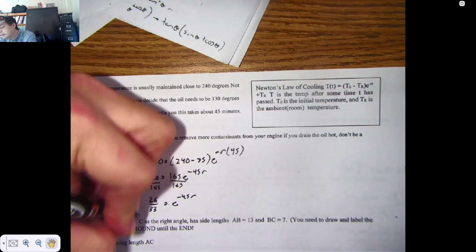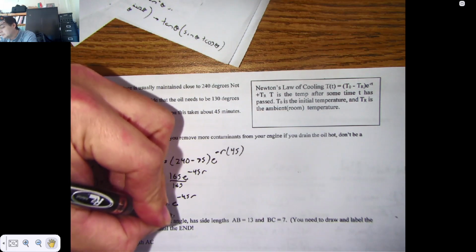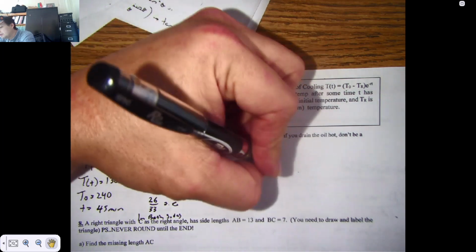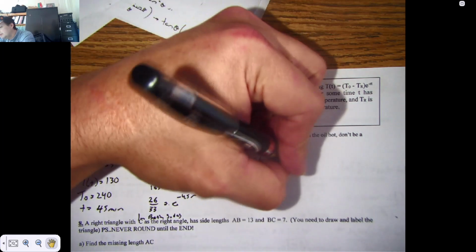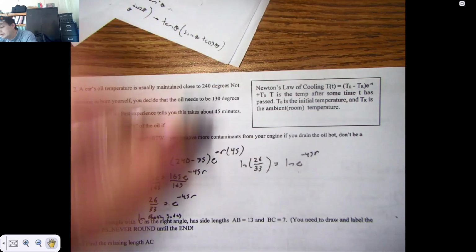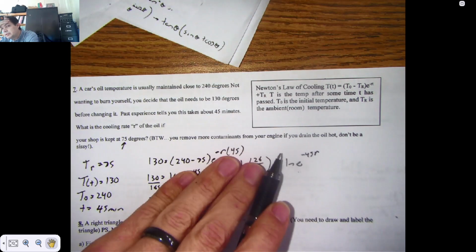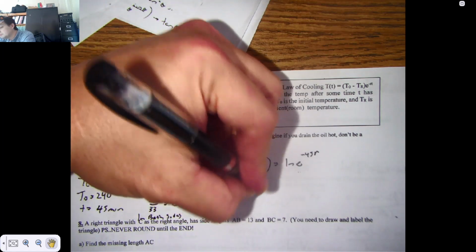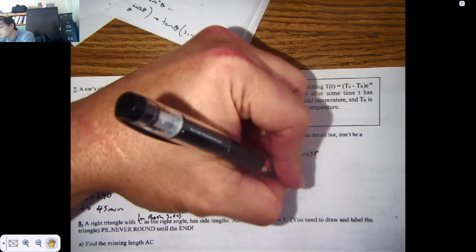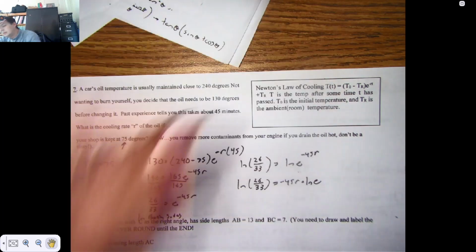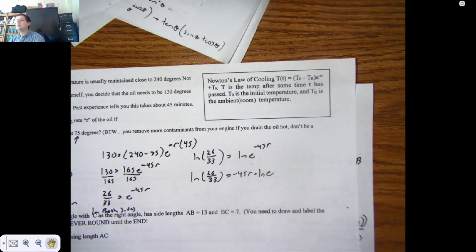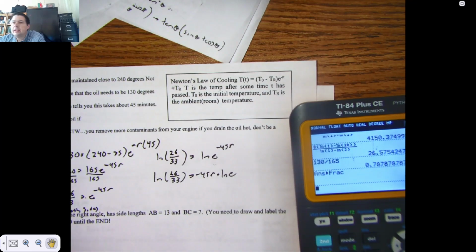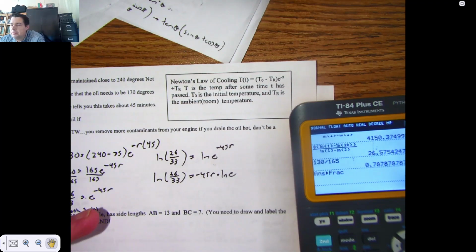And now what we're going to do is we're going to ln both sides. We'll have the natural log of 26/33 equal to the natural log of e to the negative 45R. We're going to use that property where exponents get moved out front for logarithms. Now, I've done this for a long time. There are so many kids, and I notice it when I teach pre-calc, and I notice it when I've watched enrollment kids do this.